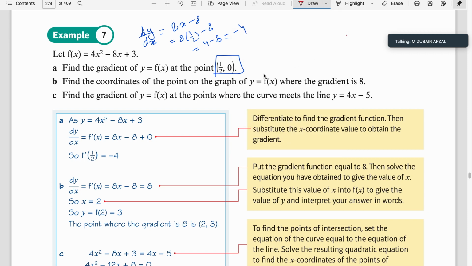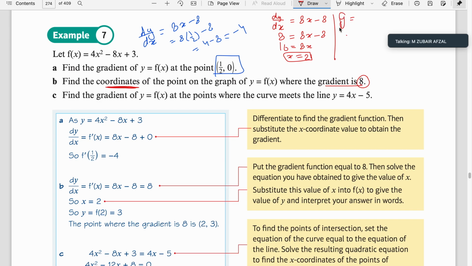The second part says find the coordinates of the point on the graph where the gradient is 8. So dy by dx is already 8x minus 8, and where the gradient is 8, 8 is equal to 8x minus 8, so 16 equals 8x, and x is equal to 2. We know x is 2 and we need to find the coordinates. So when x is 2, we put it in the main equation to find y.